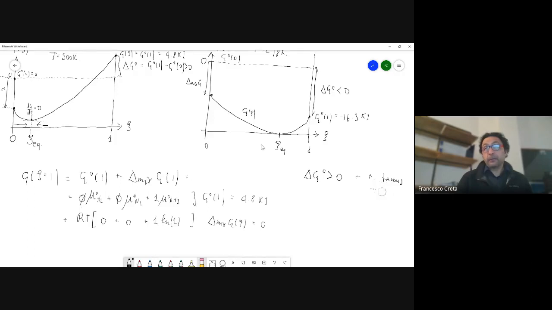You have to excuse me, but there's something wrong with these words. Favors reactants, okay? So it's more shifted towards the left. This is this case here.